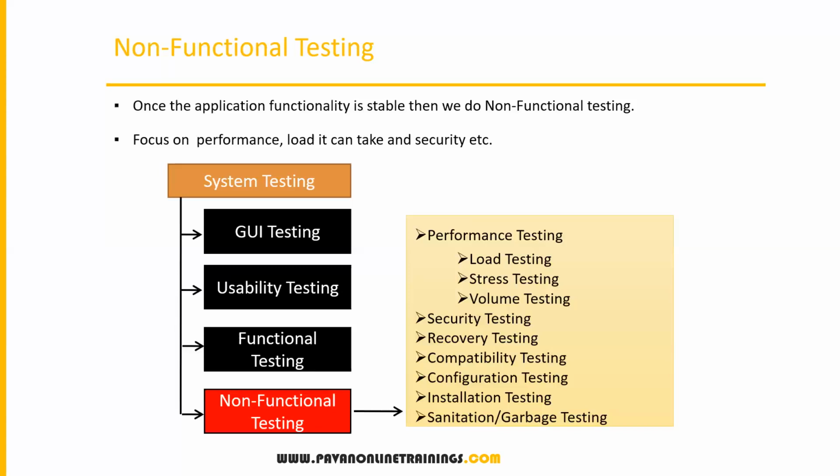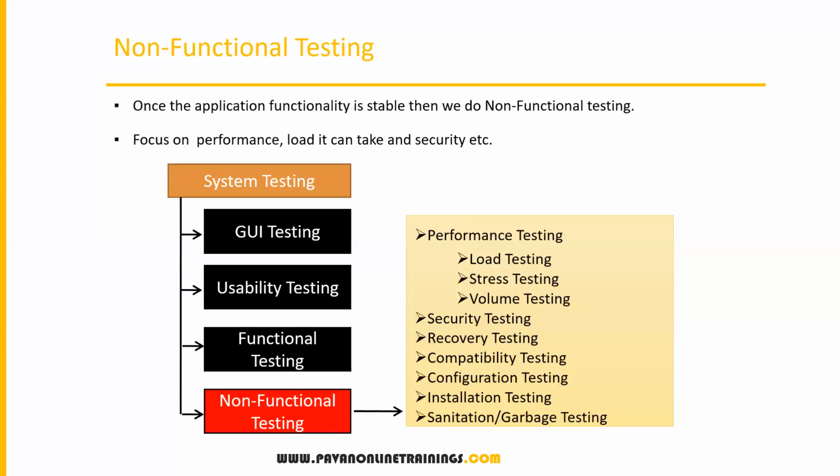That is the expectation. My application should work on different environments. My application should respond very fast. My application should be safe from unauthorized users or hackers. That is my expectation as a user.